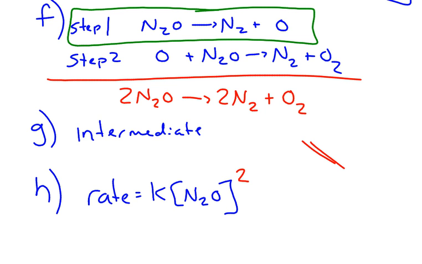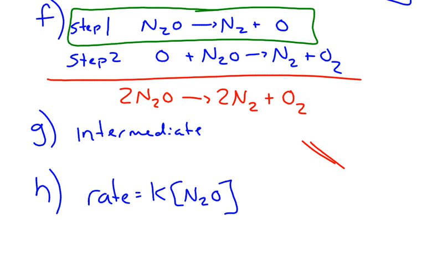If it was squared like that, the rate law should have either 2 of these, like that, or another one like that, because that's based on molecularity. Like there's 2 of them colliding. The rate law resembles that there's 2. That's why a lot of times there will be a question where it'll have a rate law and it'll say, explain why or why not you know that this occurred in a single step or not.